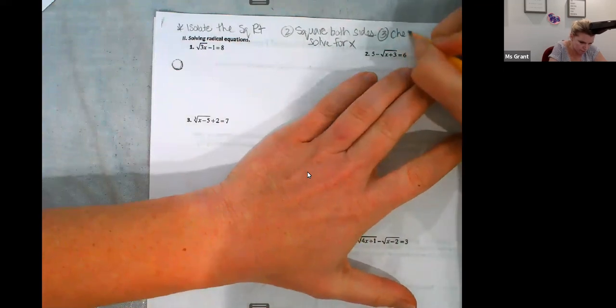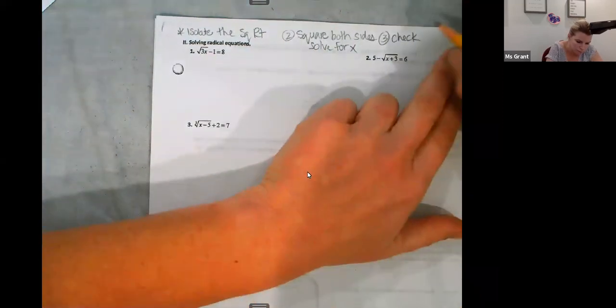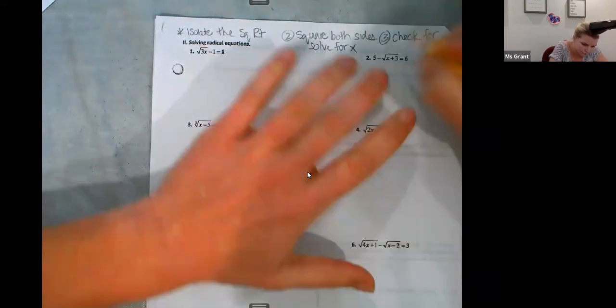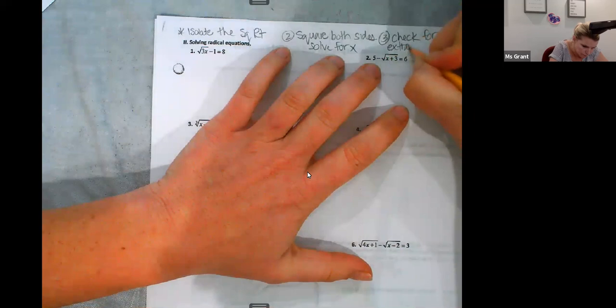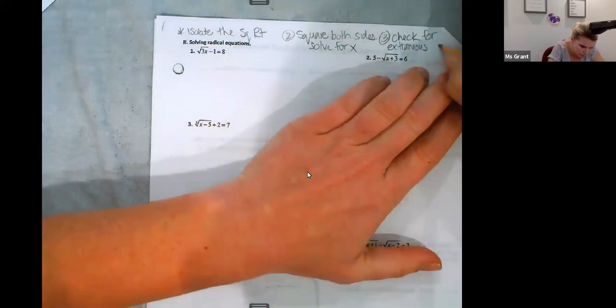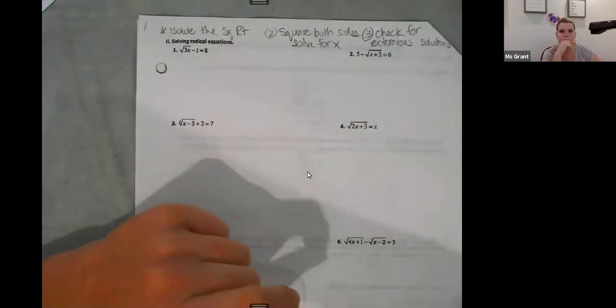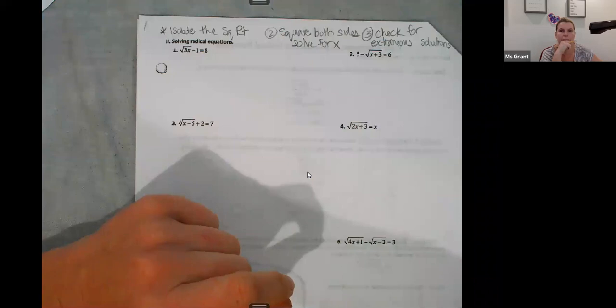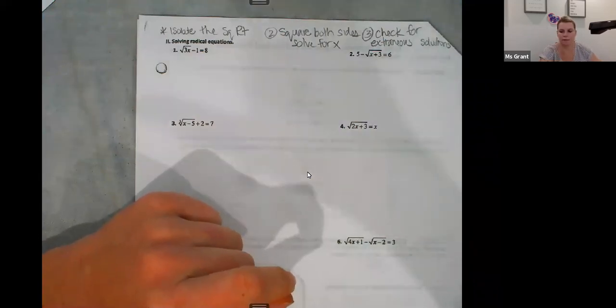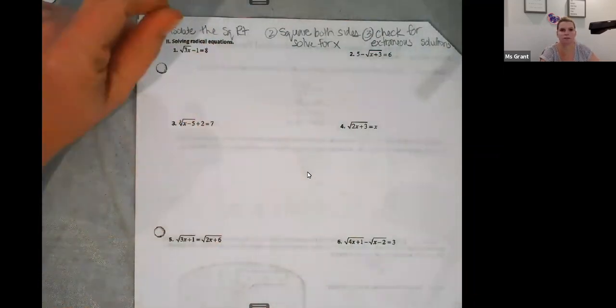Step 3: check your answers, which means check for extraneous solutions. I'm squaring both sides, solving for X, and then checking for extraneous solutions.